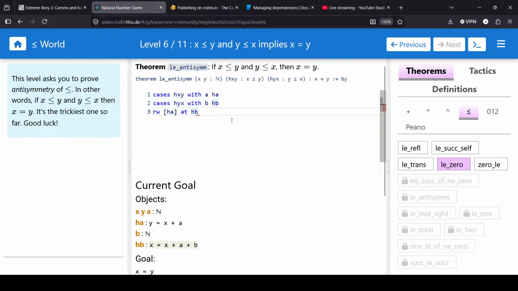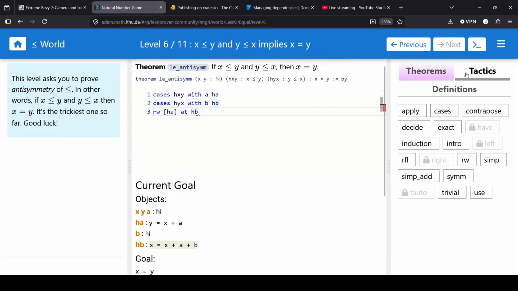It'll consider those to be like different numbers, I think. I want to clone my hypothesis so I can rewrite it later. I don't remember if I got anything to do that though.